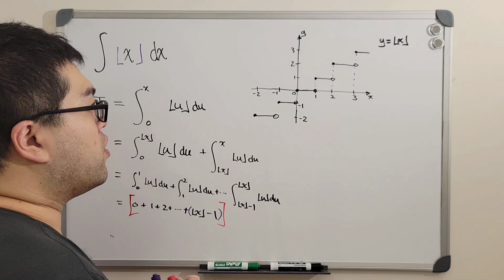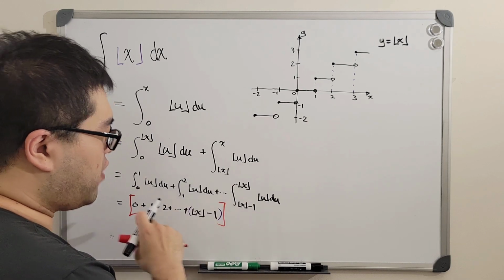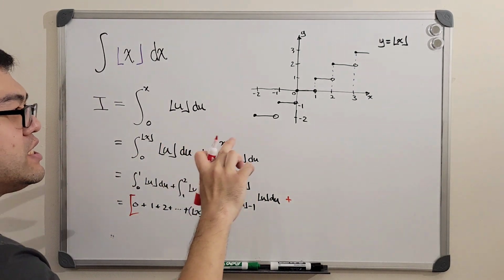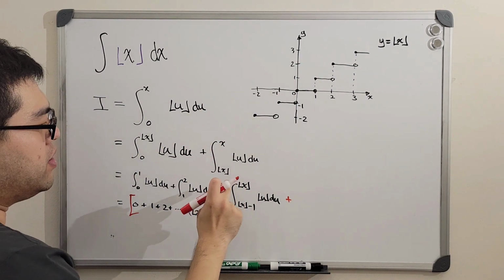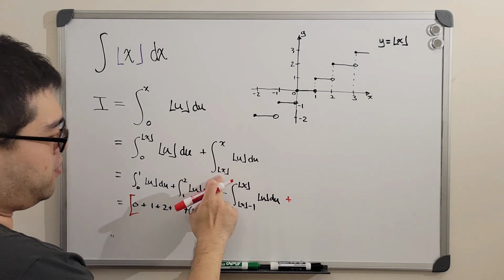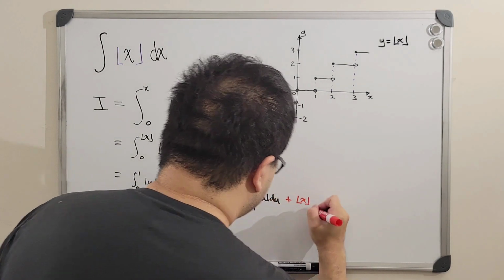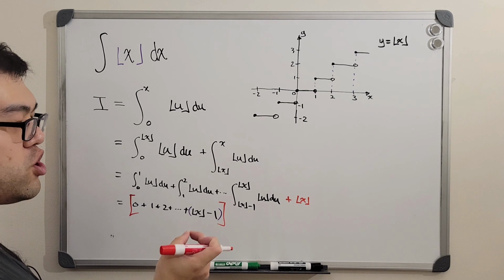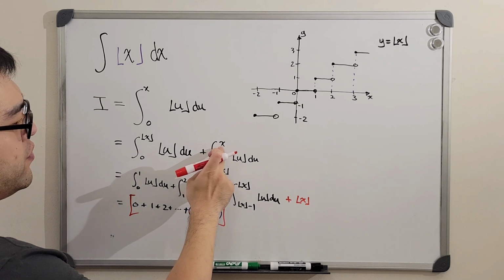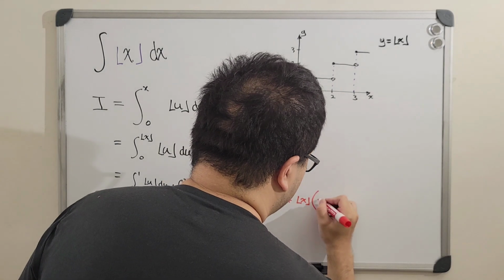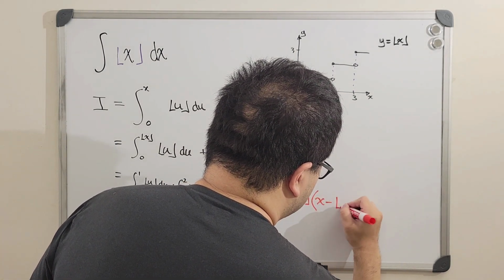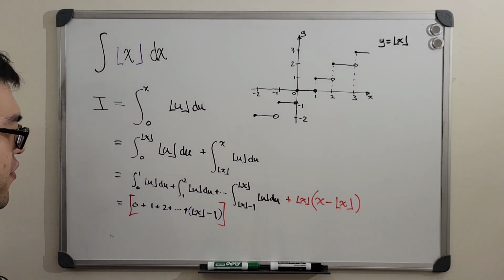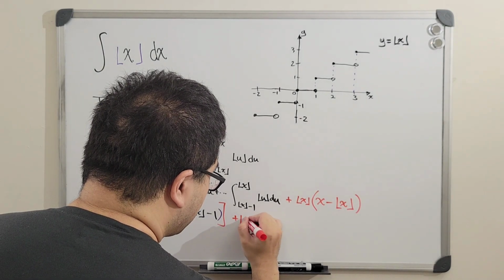Based on the graph and our observation of all previous terms, the height of that rectangle would just be the lower bound, the floor of x. And then what about the width? The width is, since it's a constant, just the upper bound minus the lower bound. So we will have x minus floor of x. Good. Now we have finished the second part, and we can just put them together like this.